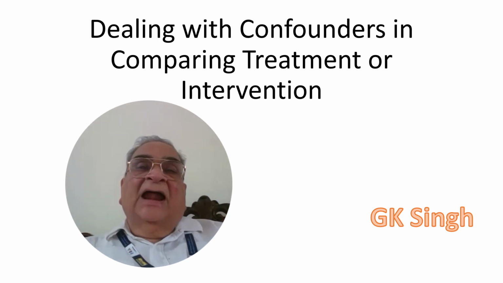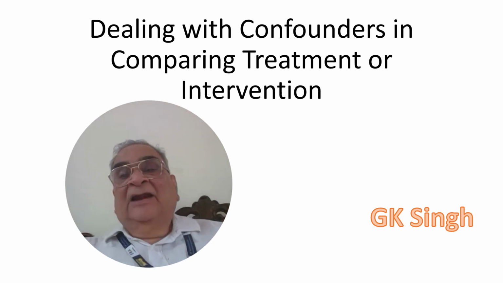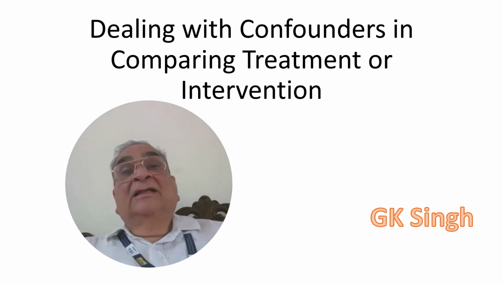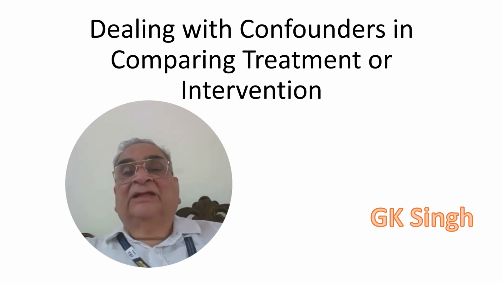But supposing we add this information that conservatively treated were undisplaced fractures and operatively treated were displaced fractures, then the displacement of the fracture becomes the other explanation of why the conservative group did better.